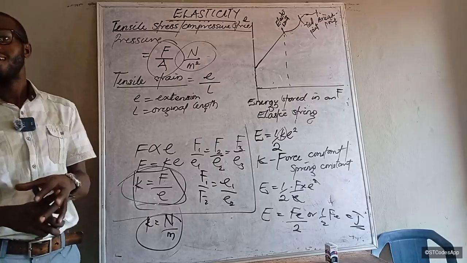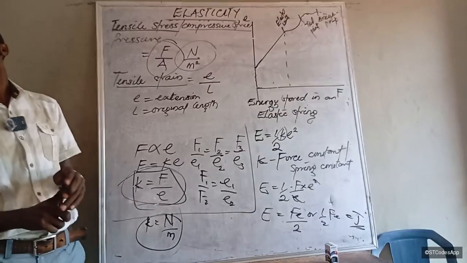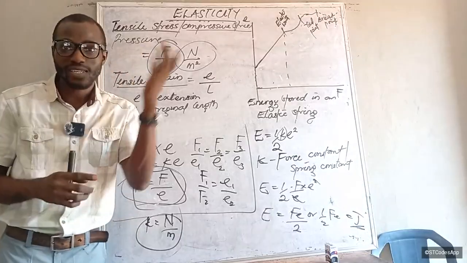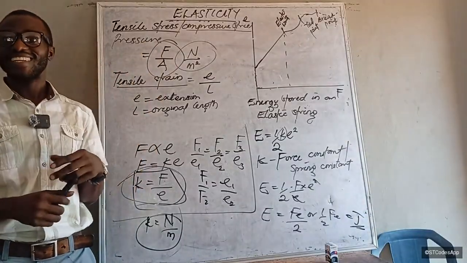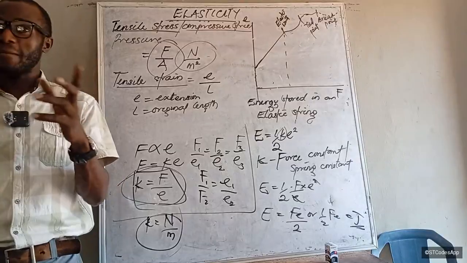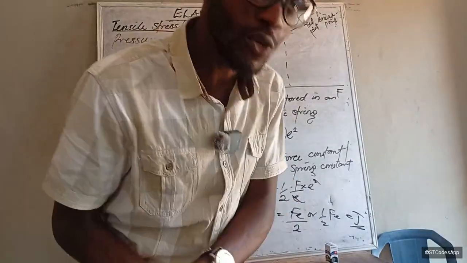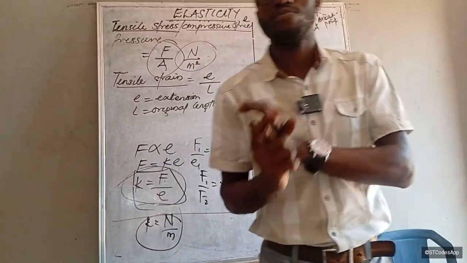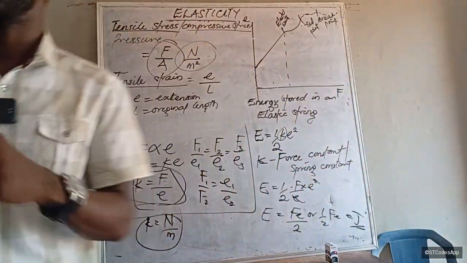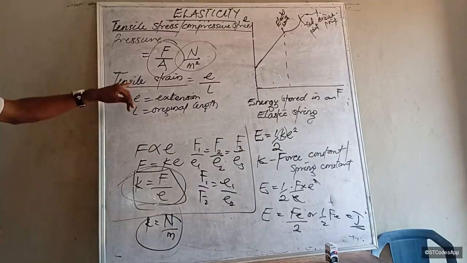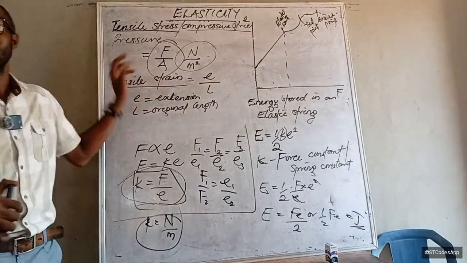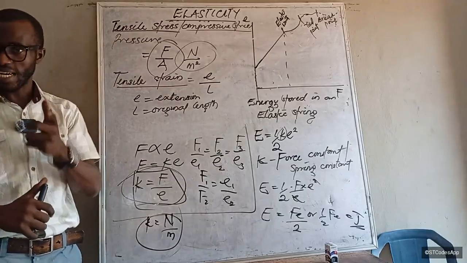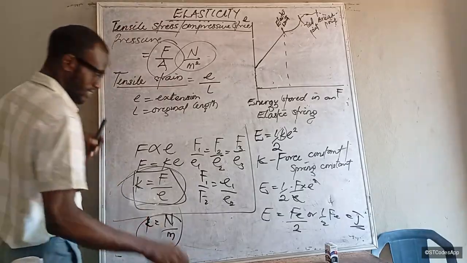The answer is mechanical advantage, because effort is in Newtons and load is in Newtons. Velocity ratio also has no unit, and tensile strain, as we are looking at it now, does not have a unit. They are dimensionless.